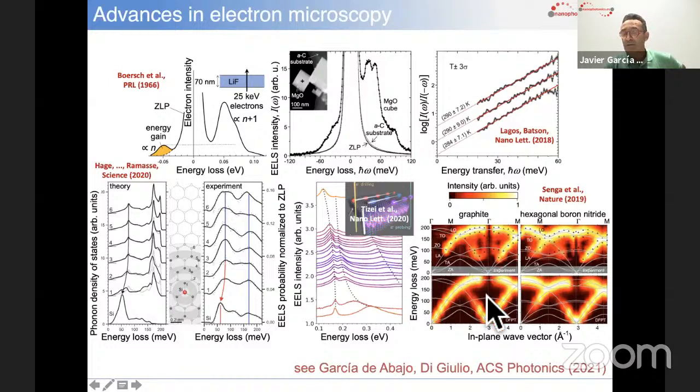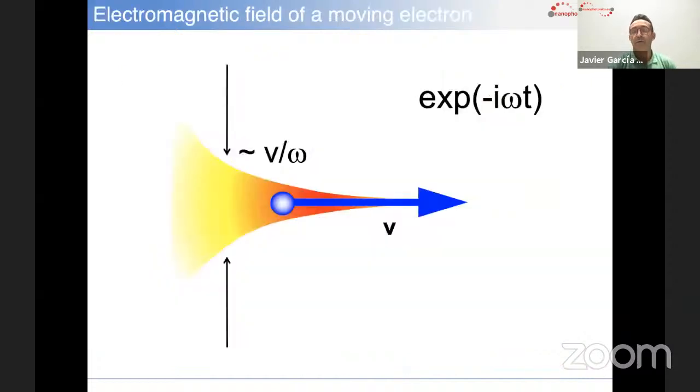And another example here is just mapping the phononic bands of graphite or bornite-right just with electrons. Okay, so I think this gives you more or less a panorama of the things that can be done regarding the study of optical excitations using free electrons in electron microscopes.